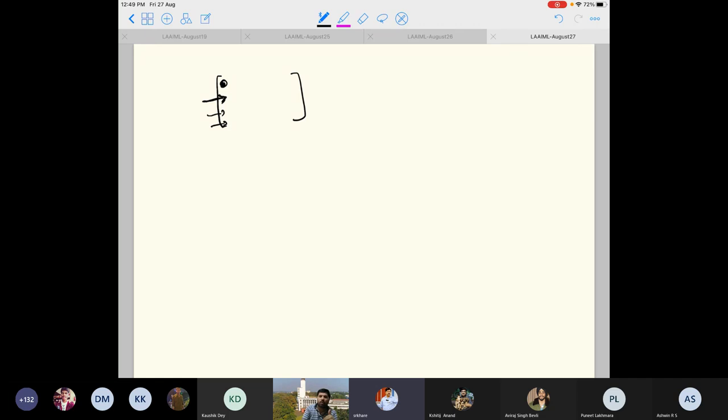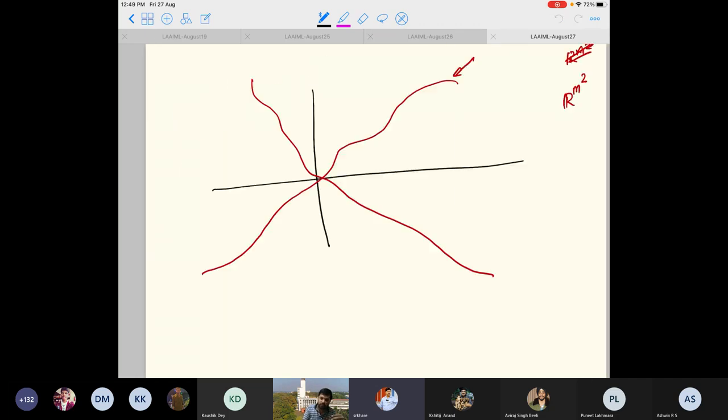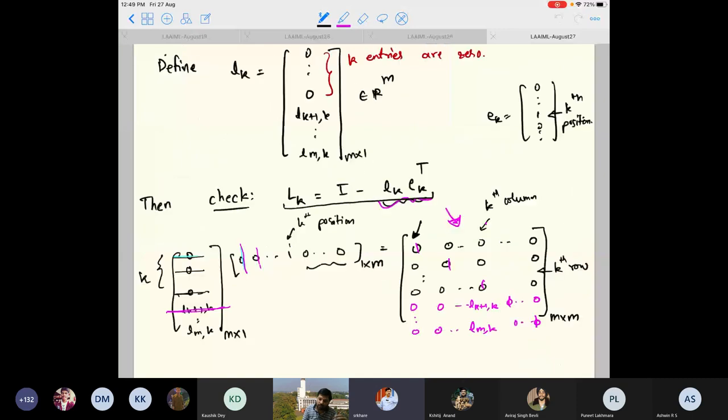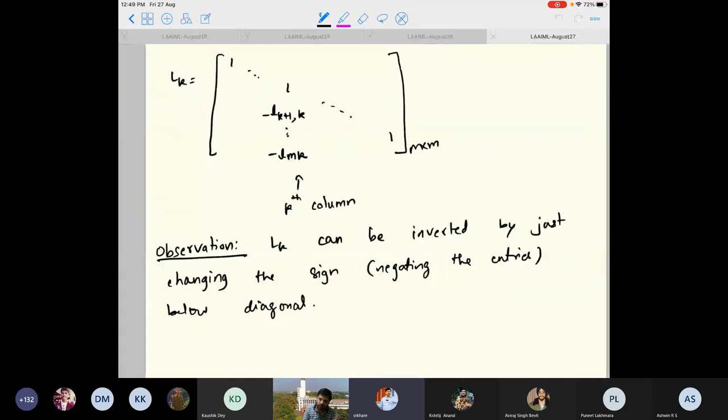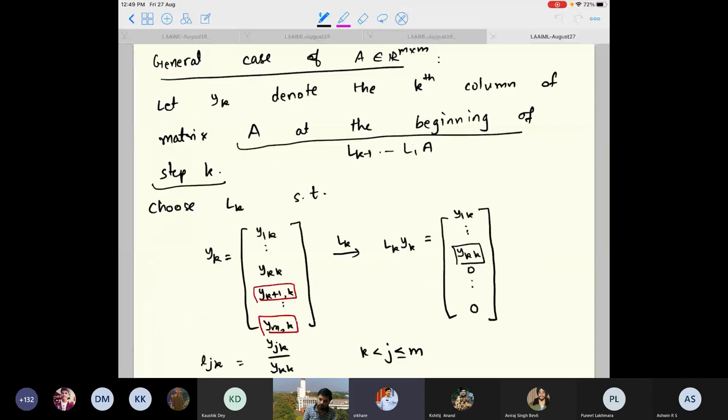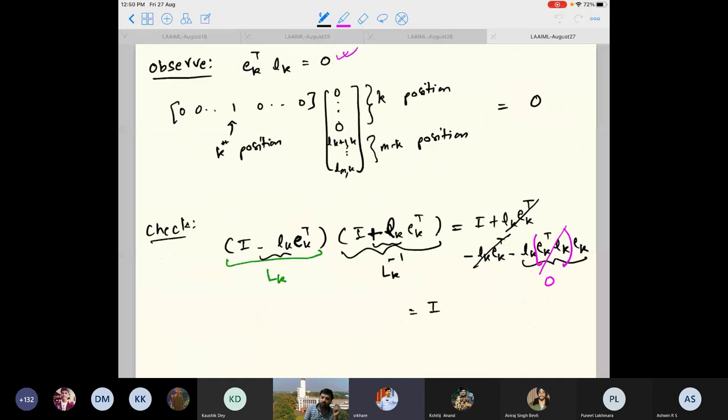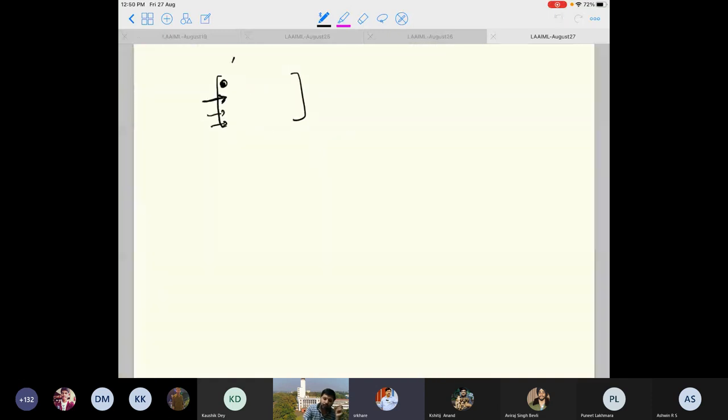You are looking at 1 upon these entries, right? So if you see how L was generated, somewhere I wrote the formula for L, right? So Y_jk by Y_kk is what I'm really looking at. So for example, if you look at this particular entry, this is Y11, then I'm going to divide by Y11 in order to come up with these numbers L, right? So those numbers L are going to be coming up by division by Y11.